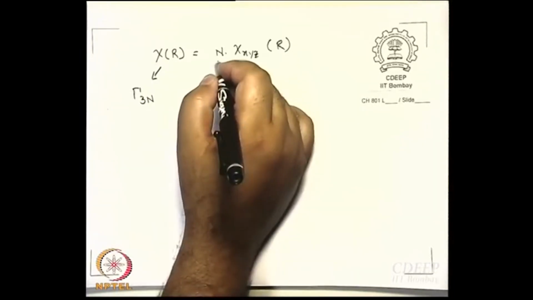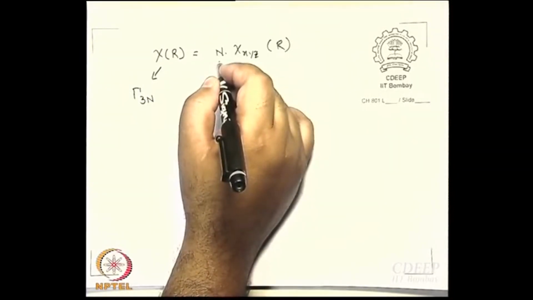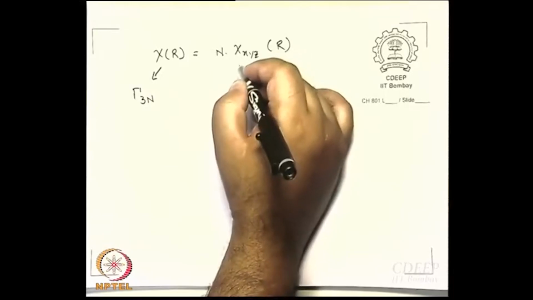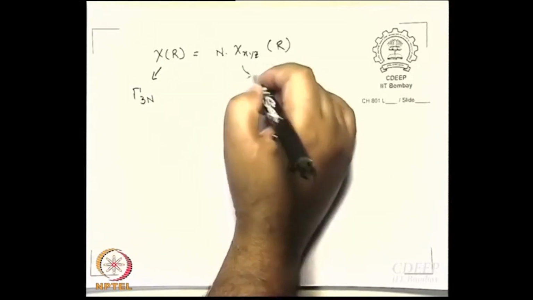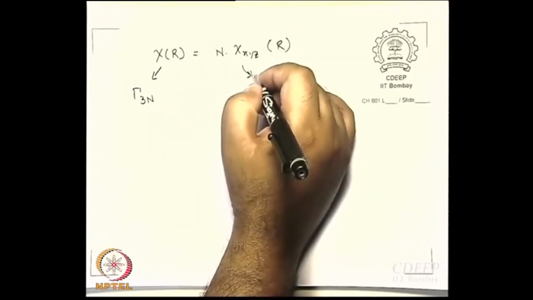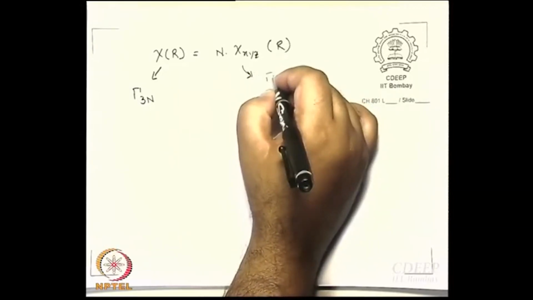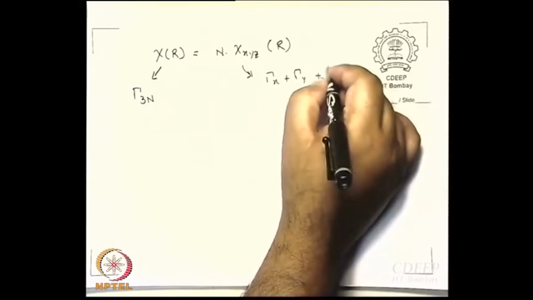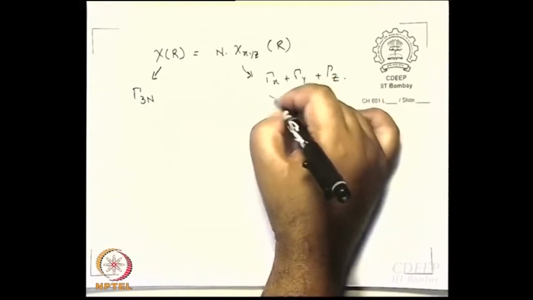What is n? N you know already, number of atoms that do not change places under symmetry operation R. And what is gamma xyz? This is going to come from gamma x plus gamma y plus gamma z from the character table.